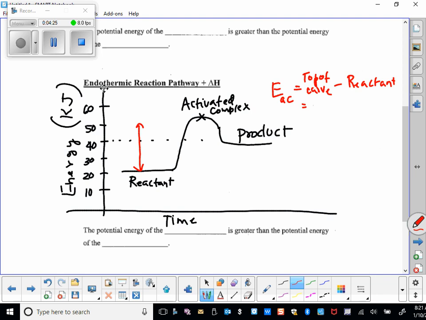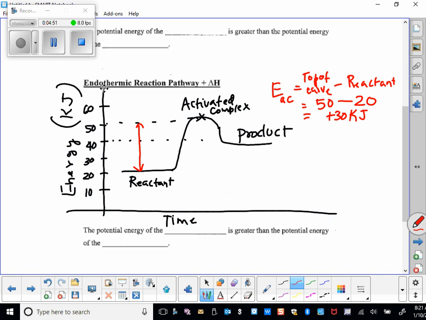According to this graph, what can we assume it to be? 50? Shall we assume that is 50? Okay? So that is a 50. What is my reactant energy? 20, right? So what is my activation energy? 30 kilojoules. Are we good?